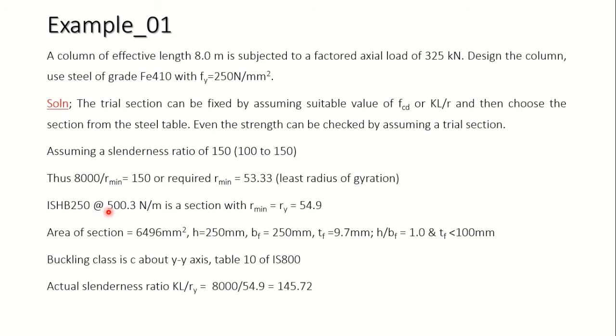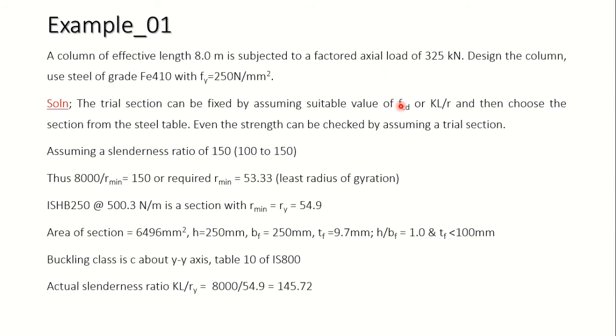So this is the way in which you need to proceed for designing the column. This is purely a trial method. You need to try with different values of fcd or KL by r, or you can directly choose different trial sections. It is better you go ahead with choosing either fcd or KL by r, assuming fcd or KL by r.